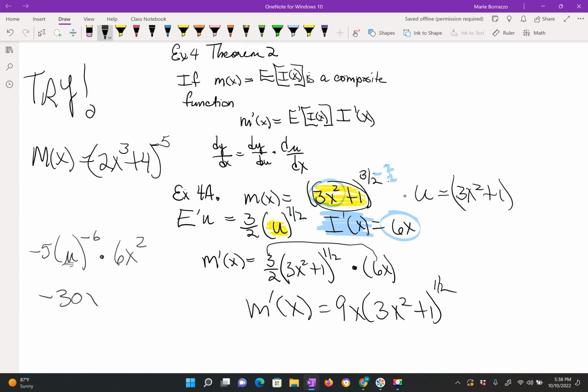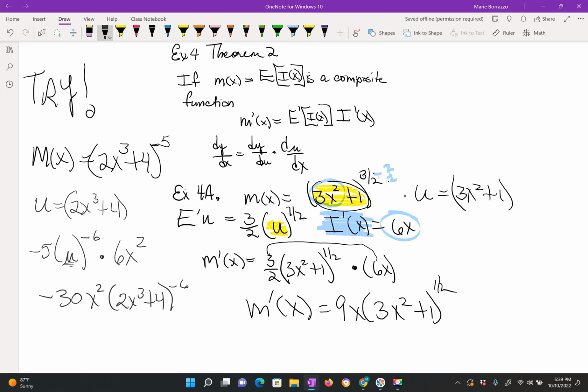Negative 30x squared times the u part, which is, remember, u is 2x cubed plus 4. You already did the derivative, 6x squared. We're now distributing. So this will be the 2x cubed plus 4, and this raised to the negative 6.